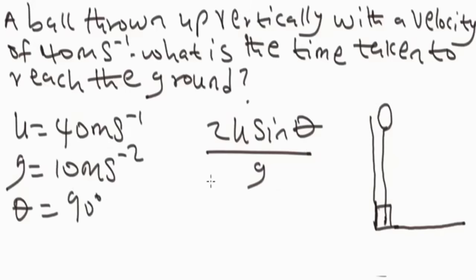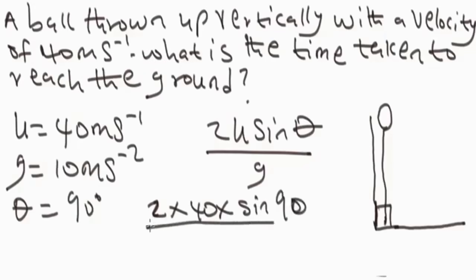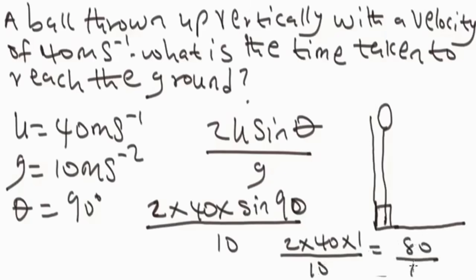Okay, so the time of flight will be, substituting, 2 times 40 times sine 90 over 10. When you simplify this, it is 2 times 40, and sine 90 is 1 if you punch it into a calculator, over 10, which is 80 over 10.